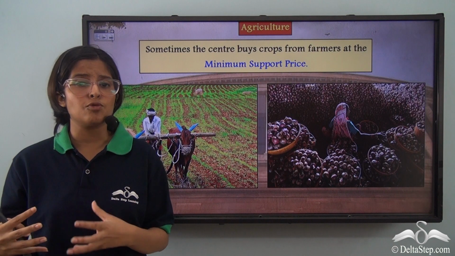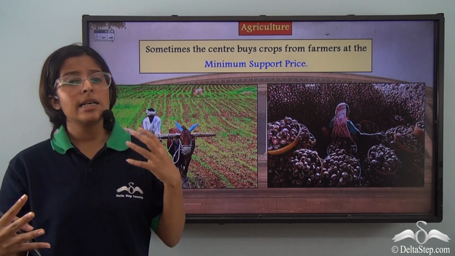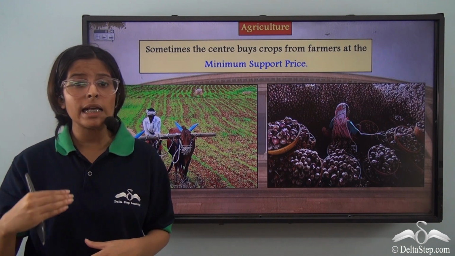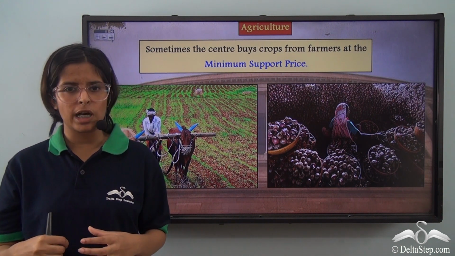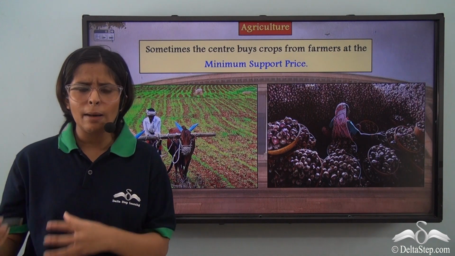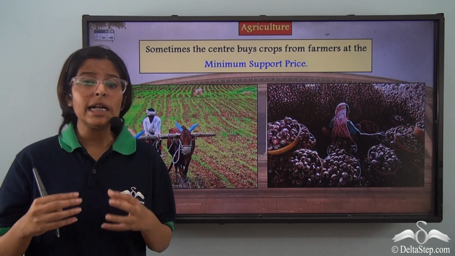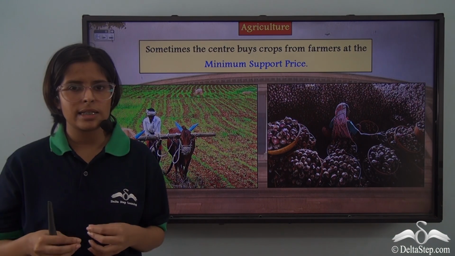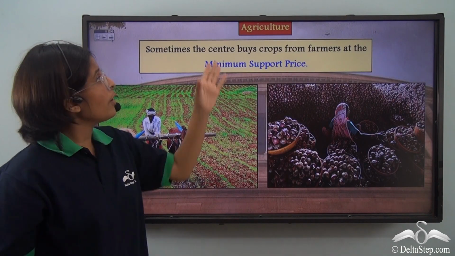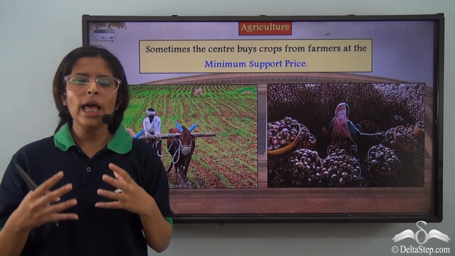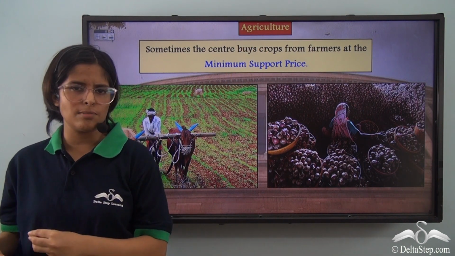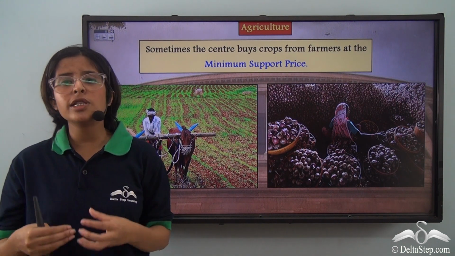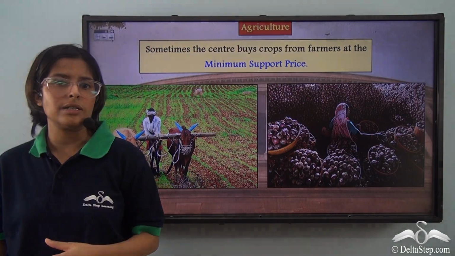The division of subjects into the union list, state list and the concurrent list ensures the maintenance of the federal structure of the country. But what happens if the union government interferes too much into the lawmaking power of the states? Let us take an example of agriculture. So, agriculture is a state subject, which means that the state has the power to legislate on all agricultural matters.